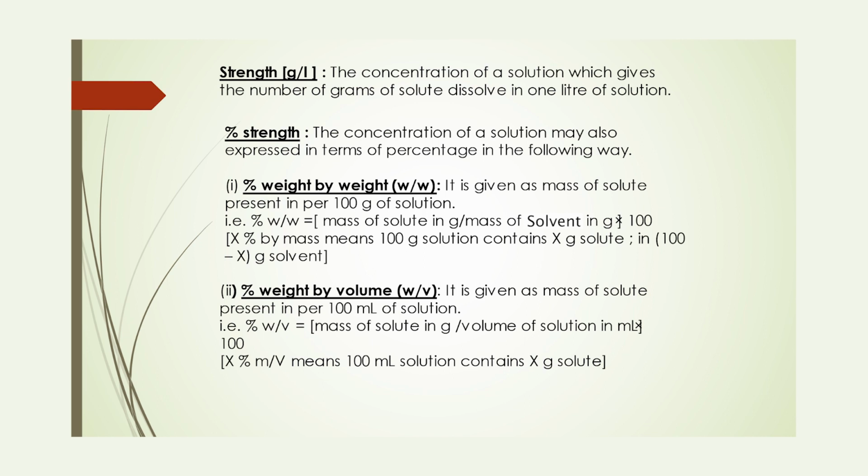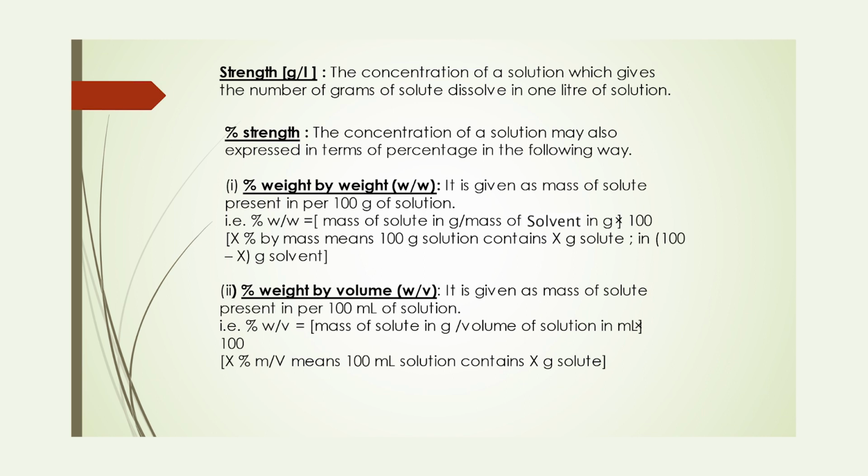Let us clear it with one example. 5 gram of sucrose dissolved in 100 gram of solution. Calculate percentage mass by mass strength of solution. For this, mass of solute is 5 gram, mass of solution is 100 gram, or we can also calculate mass of solvent as 100 minus 5, that is 95 gram.